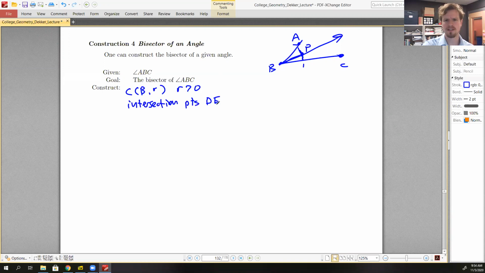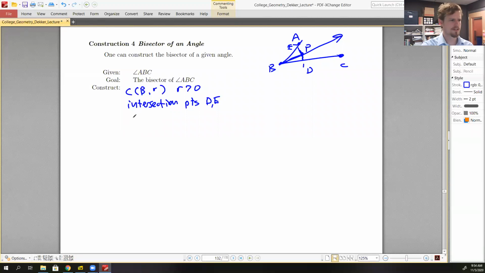We'll call them D and E. Now from there, if we find a point that's equidistant from D and E, that has to be on the bisector.